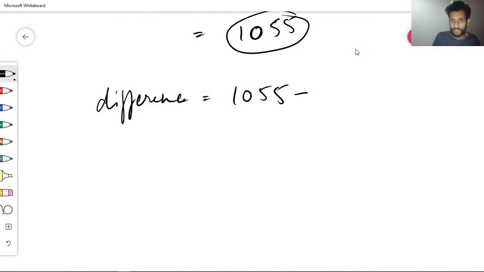So the next number is 372. So it will be what? Sorry, 3 8, so 6. So this is the answer. The result will be in plus. Okay.